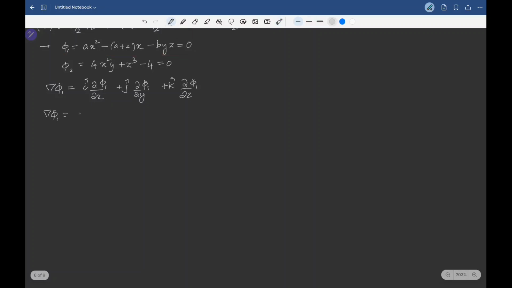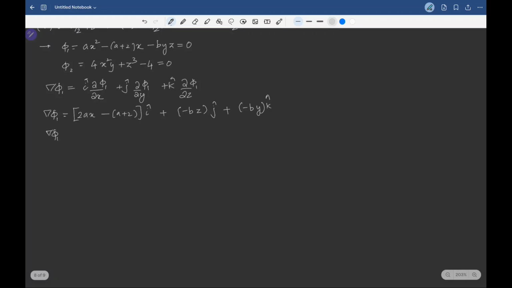So we get 2ax minus a plus 2 i cap plus, now treat x and z as constants, only y as variable, so we get minus bz j cap plus, now treat only z as variable, we get minus b y k cap.